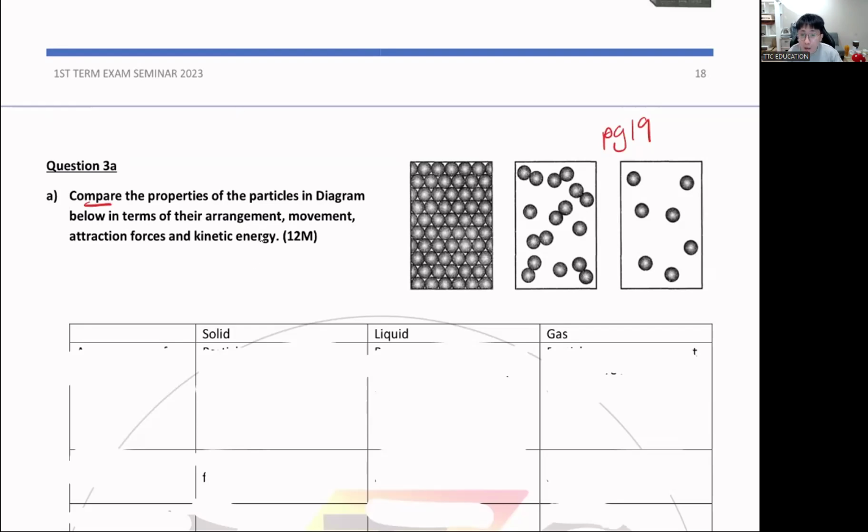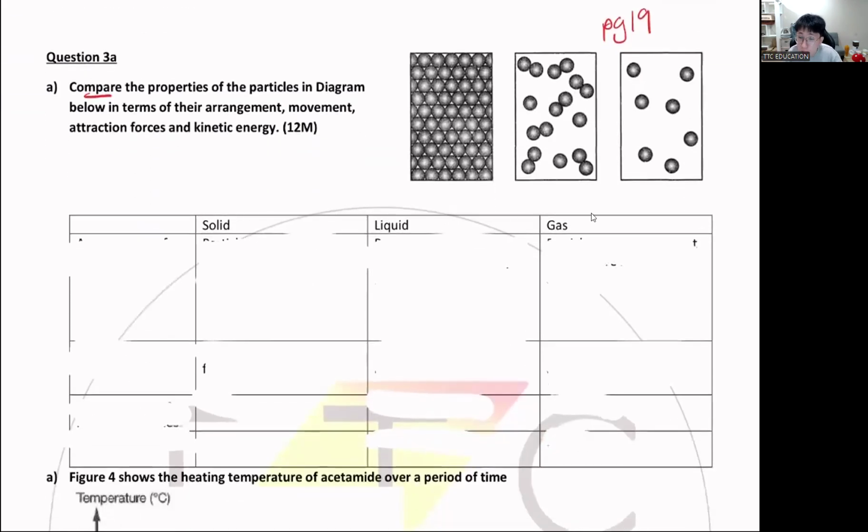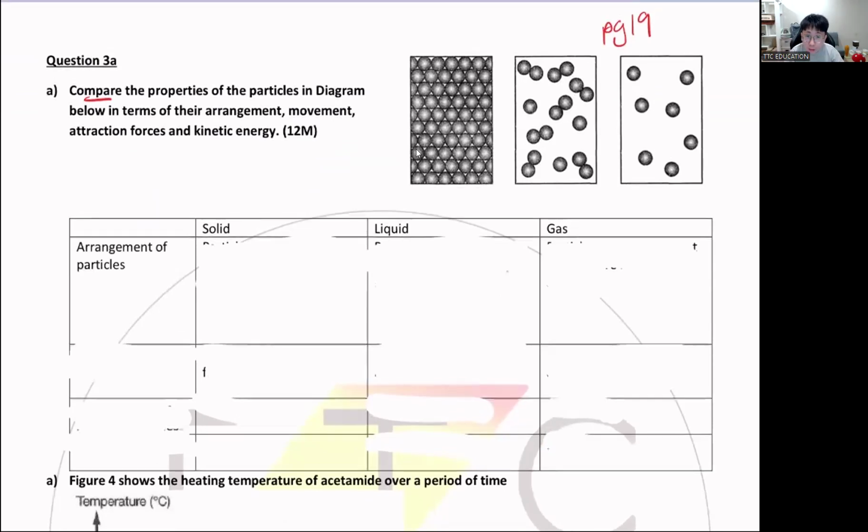So let's say I write down here first, I got solid, I got liquid, I got gas now. So the first comparison is what? The arrangement. So how do solid particles arrange? If you remember, it's what? Closely packed in orderly arrangement. So for the first arrangement, we say that solid is close together and in orderly manner. How about liquid? Are they close?